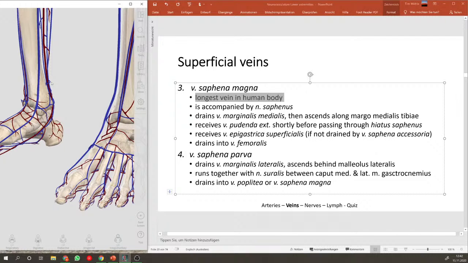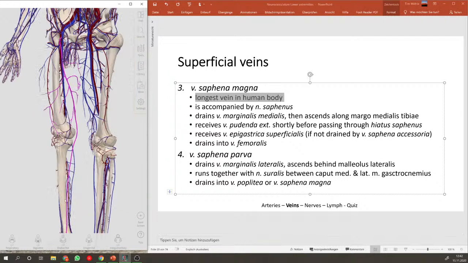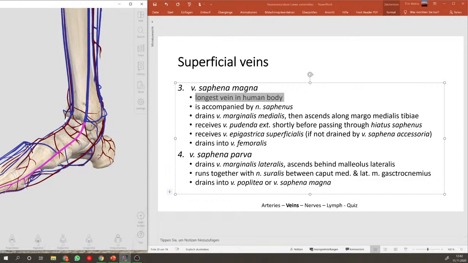Anyway, so vena saphena magna will start off as vena marginalis medialis. So vena marginalis medialis, or medial marginal vein, will be this one here. Again, this is also superficial, and will drain the medial side of the foot, will have connections to rete venosum dorsale pedis, and will continue as vena saphena magna.